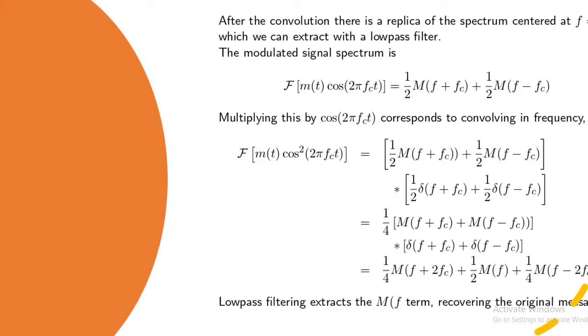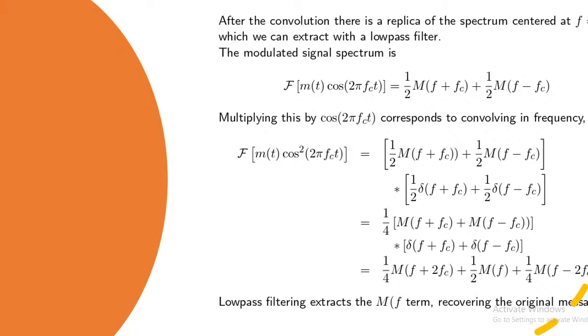Take the Fourier transform of m(t) into cos square 2 pi fct, using the convolution operation. That will be equal to 1 by 2 m of f plus fc plus 1 by 2 m of f minus fc, convolved with half delta of f plus fc plus half delta of f minus fc. There are two half terms, so that will give you 1 by 4, leaving m of f plus minus fc and delta of f plus minus fc.